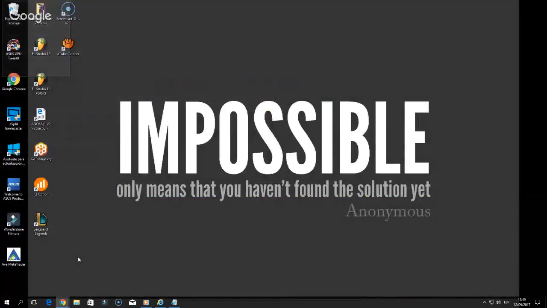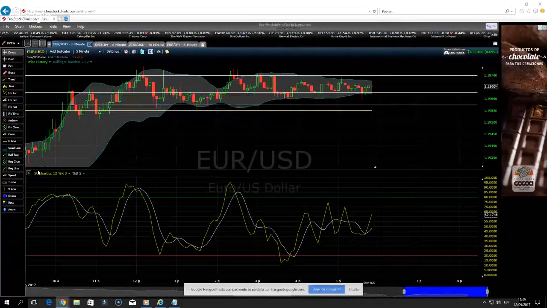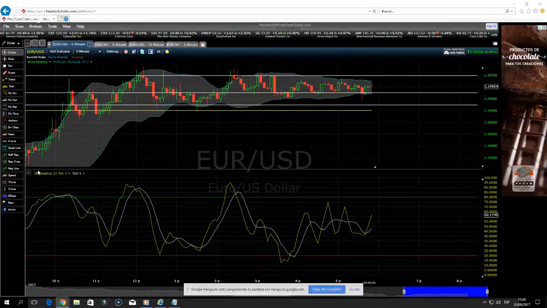Support and resistance sometimes gets a little complicated, and I wanted to share a different strategy. So if you guys are watching this on the replay, feel free to leave some comments below.